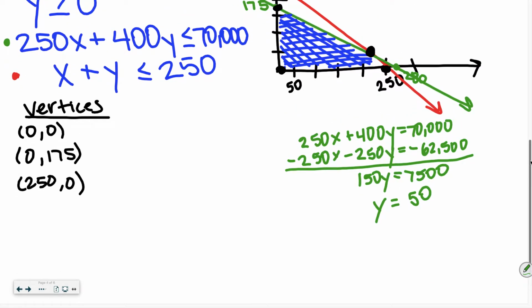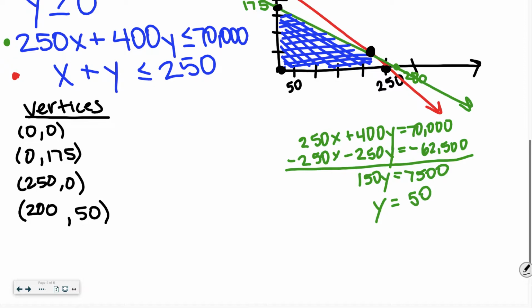And if we know that one of our equations is x plus y equals 250, what's x? So that coordinate's not terrible. But I'm going to be very straightforward with you. You're going to have to use algebra on these. You're not going to be able to just guess and plug it in to check. Guess and check.